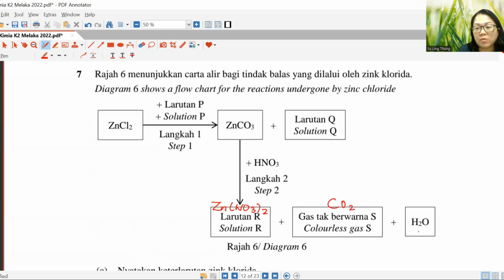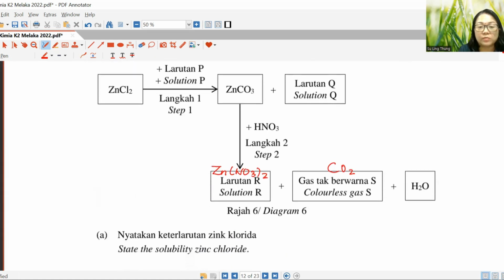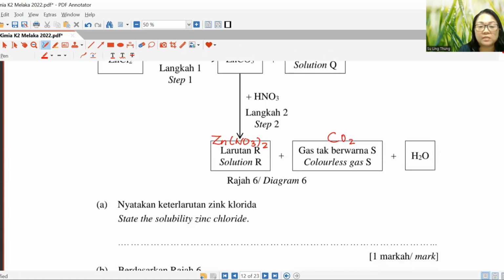Now we don't have enough info to answer solution Q and solution P. So what do we see? Let's look at the first question first. It asks about the solubility of zinc chloride. Solubility here means he's trying to ask whether it is soluble in water or not. So it is a soluble salt.